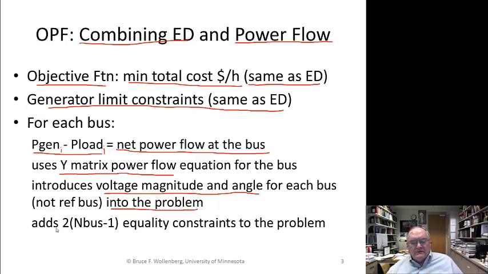So I have now just added 2 times n bus minus 1 equality constraints. That's this equation up here. You have one for every bus except for the reference bus, and of course it's complex, so there's really a P and there's a Q equation.